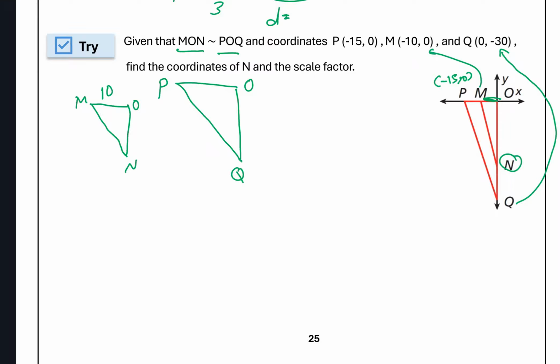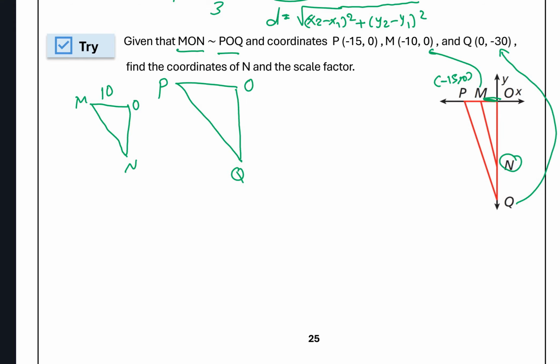The distance formula is between 2 points. We can say square root of (x2 minus x1) squared plus (y2 minus y1) squared. This is the distance formula to find the distance between 2 points. Or directly you can say 10. How about from point O to point P? OP, the big part.